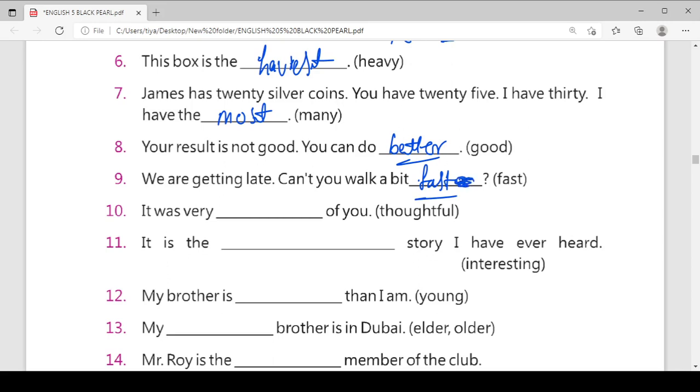Okay, you need to use the positive degree. I was very thoughtful of you. Just need to use the positive degree. It is the dash story I have heard. So this is the most interesting story.